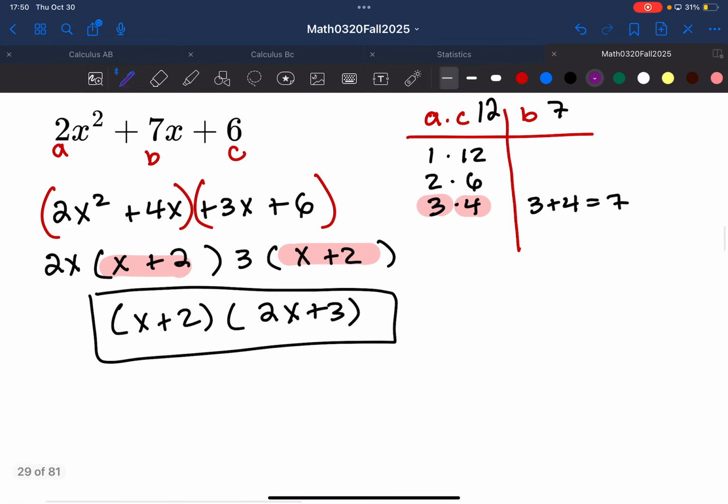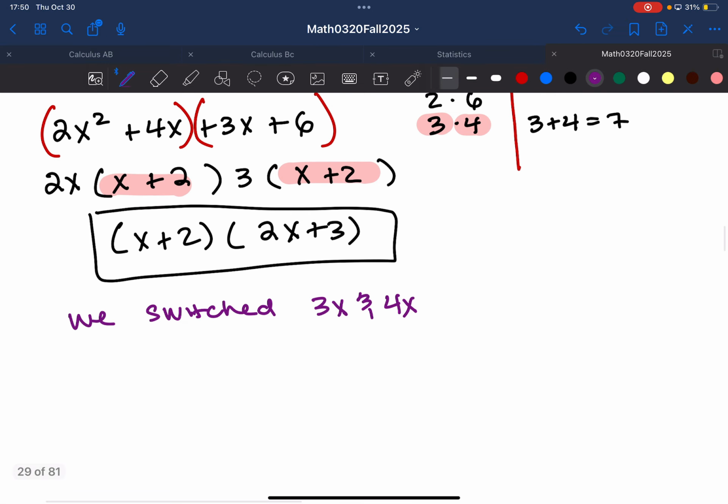Let's say we switched 3x and 4x. You're going to get the same answer, but it just makes it easier for us to pair the numbers together.